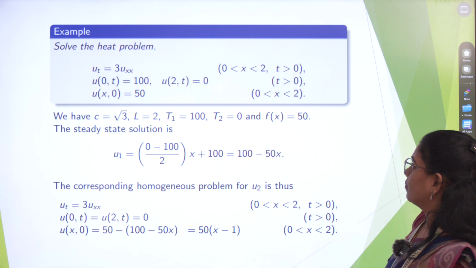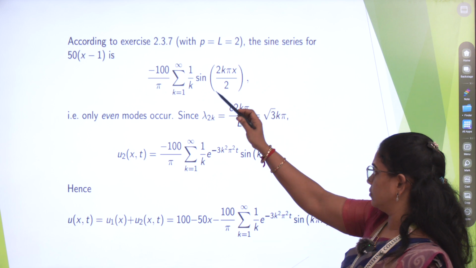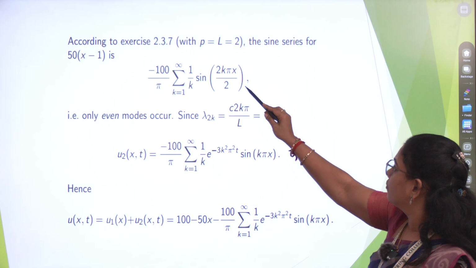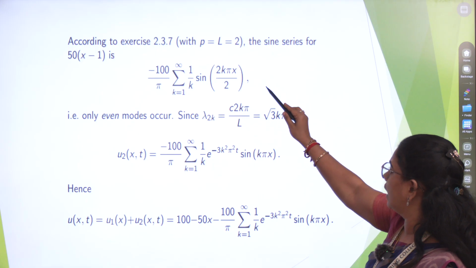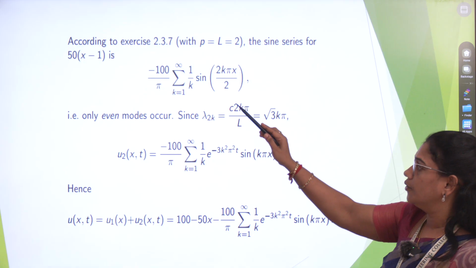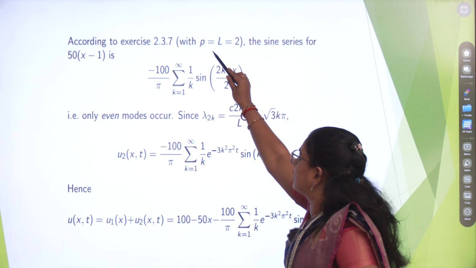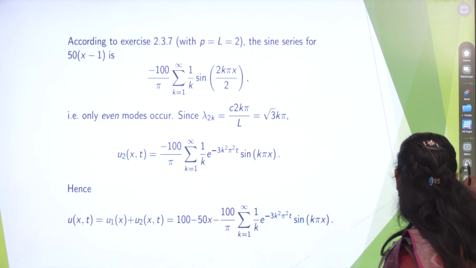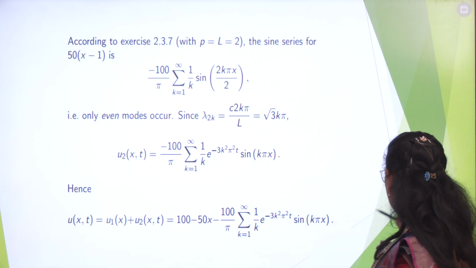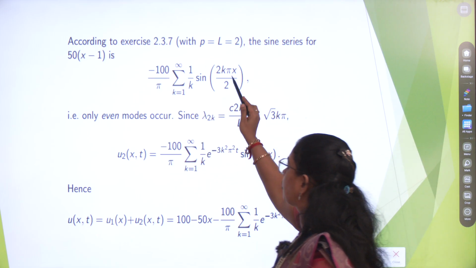Continuing the problem with P equal to L equal to 2, the sine series for 50 into x minus 1 was already given in the exercise problem.